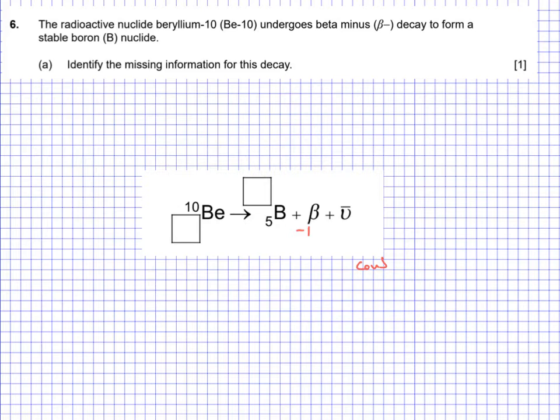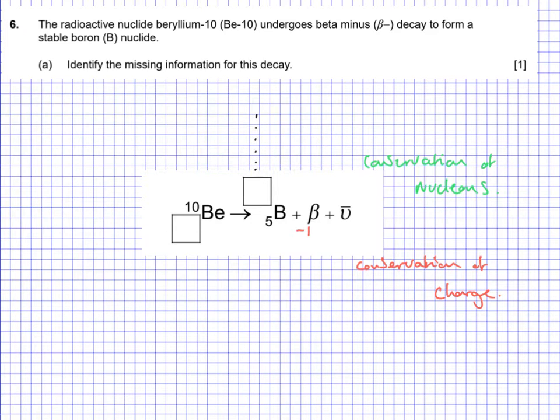First of all is conservation of charge down the bottom, and then the second thing is conservation of nucleons, or nucleon numbers. The number of nucleons has to stay the same, and the charge has to stay the same from the beginning to the end.